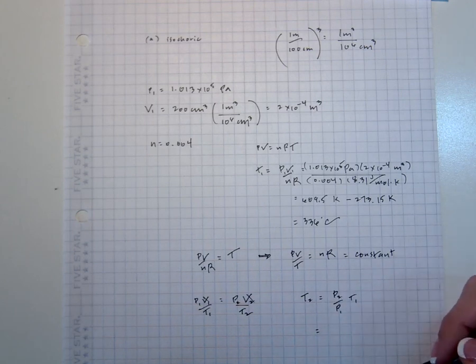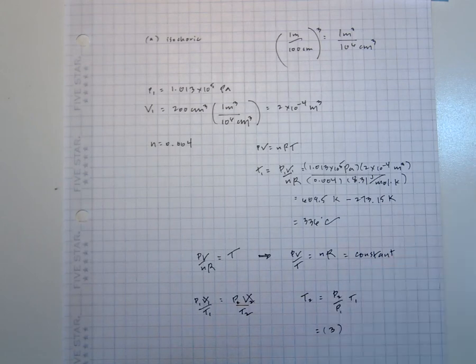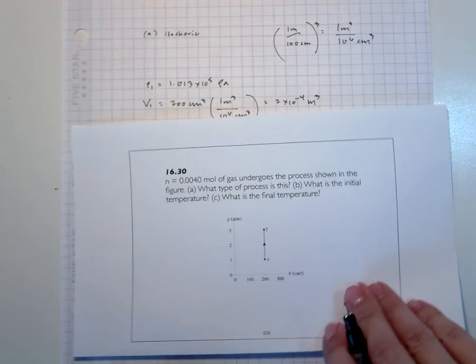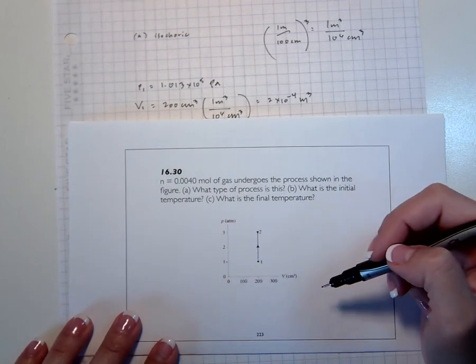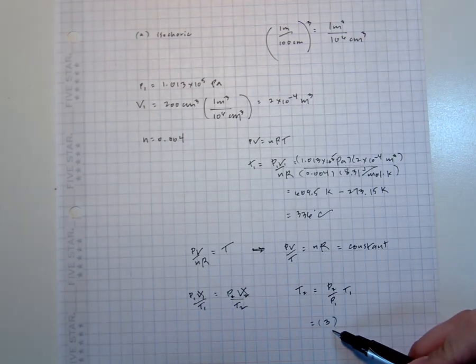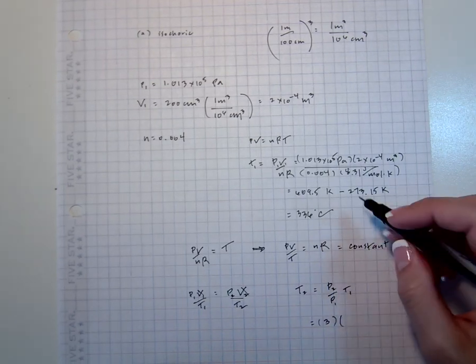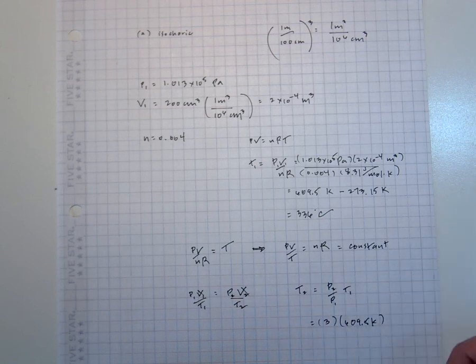The ratio of the pressures is just 3, right? The pressure changes by a factor of 3. So if you look, you start at 1 atmosphere, you end at 3 atmospheres. So all you have to do is say P2 divided by P1 is 3, and then multiply by T1 in kelvins, 609.5 kelvins.